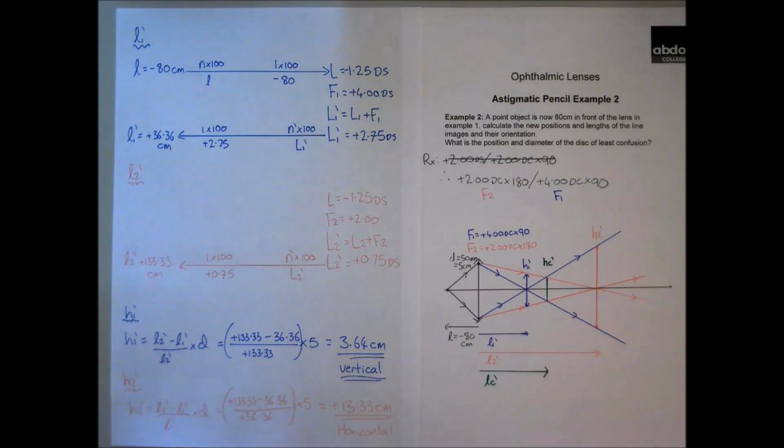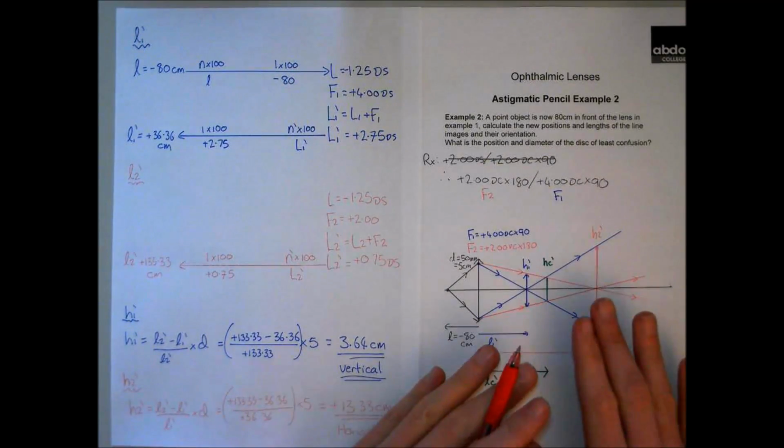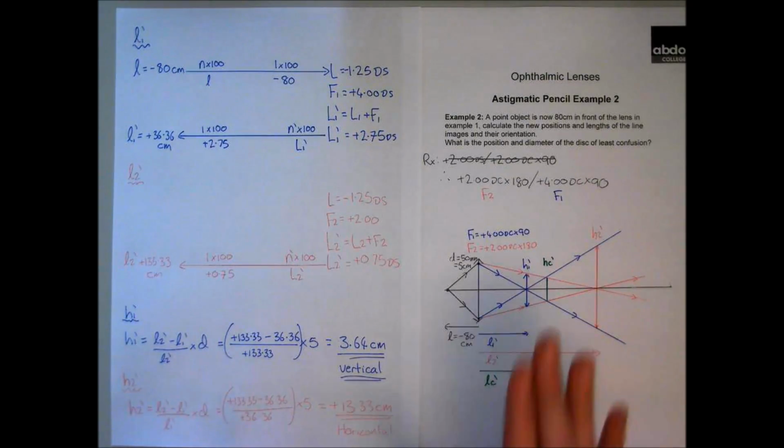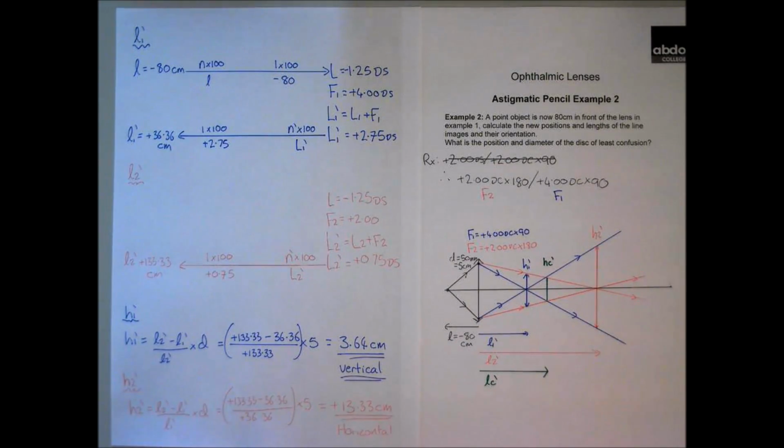So that is the positions of the images, that is the size of the images. And what we're going to find now is the details of the disk of least confusion. We're going to find its position and we're going to find its size.